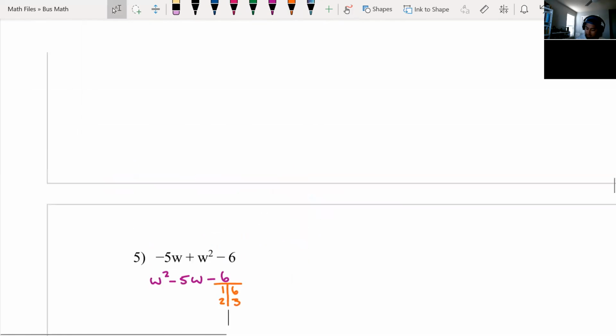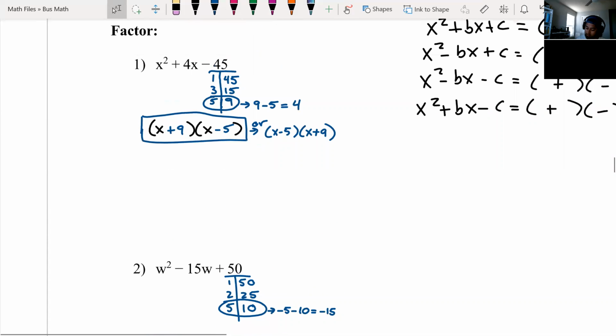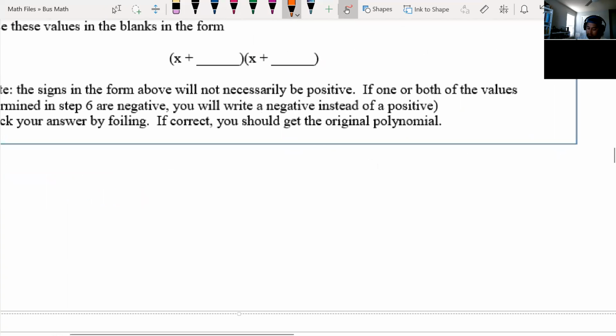If we have minus minus, this means we can set up as plus minus or minus plus. And that's going to help us determine which factors to pick. So let's just go with the first setup of plus minus.